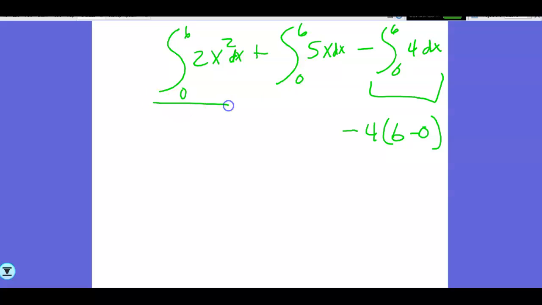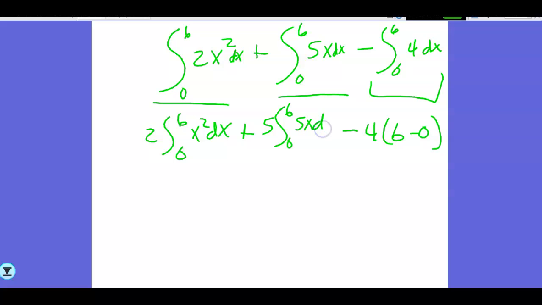These guys aren't quite ready yet to be substituted because they have those constants in there, but we use property 3 to pull those constants out. So I'm going to put the 2 in the front, and I'm going to put the 5 in the front of this one. Now we can replace these with what we know them to be.